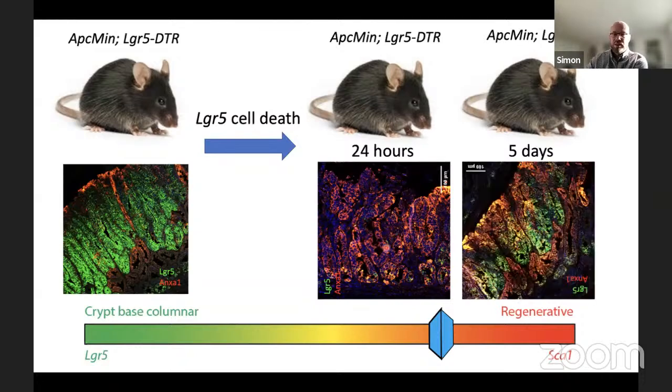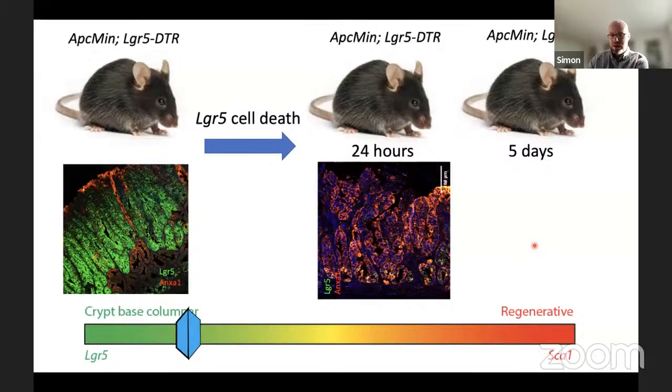And interestingly, within 5 days, that population had then almost regenerated the green stem cell population. So what we're seeing here is this shift in phenotype from down here on the bottom with this marker. We're moving from a crypt-based columnar population all the way across very rapidly to a regenerative population.